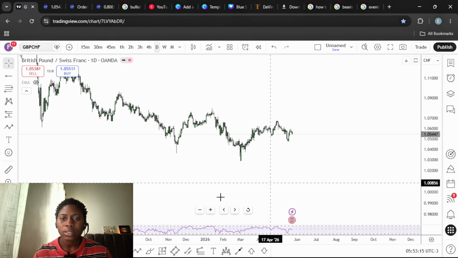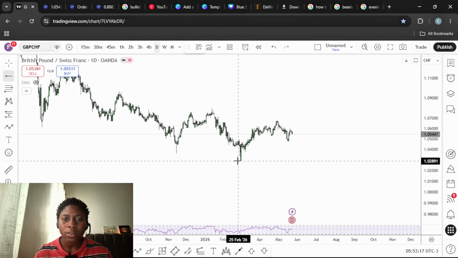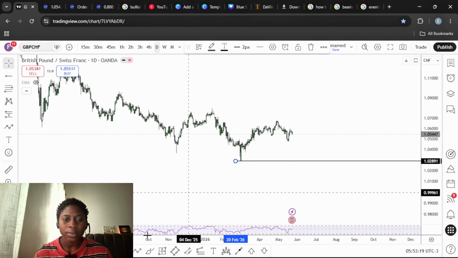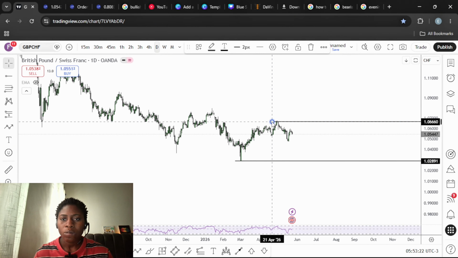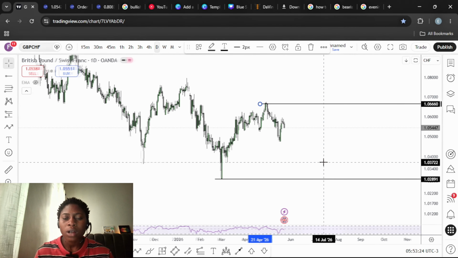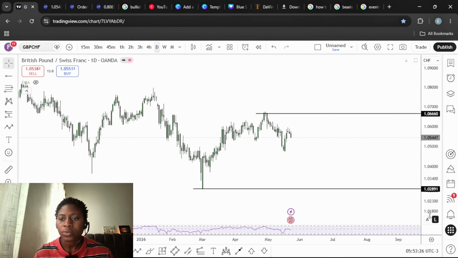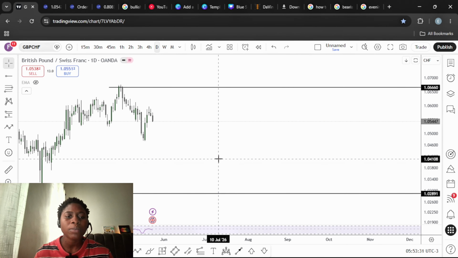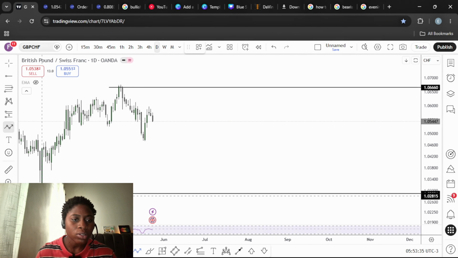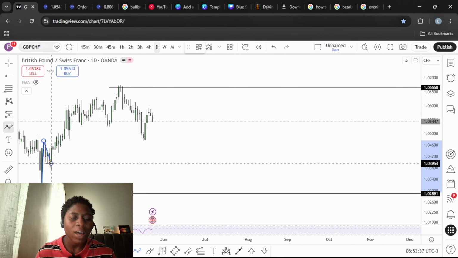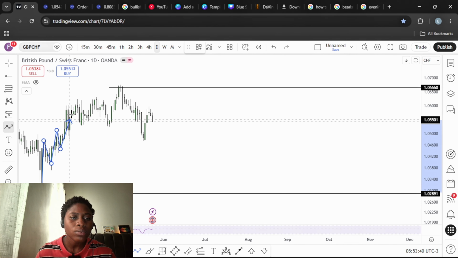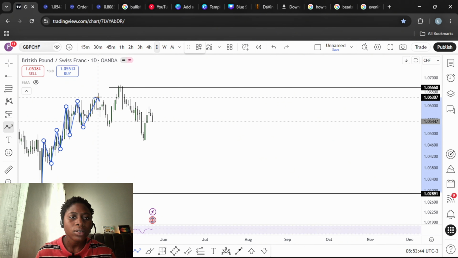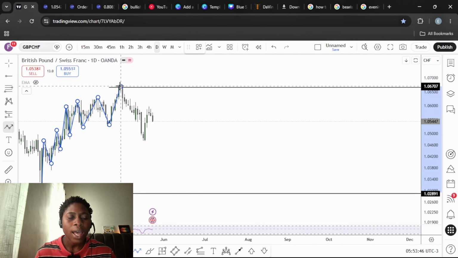You can decide within this range to start looking for opportunities in the market, because this shows me that based on the daily time frame, price is now on a downtrend, because initially price was making a series of higher highs and higher lows, higher high and higher low, higher high.